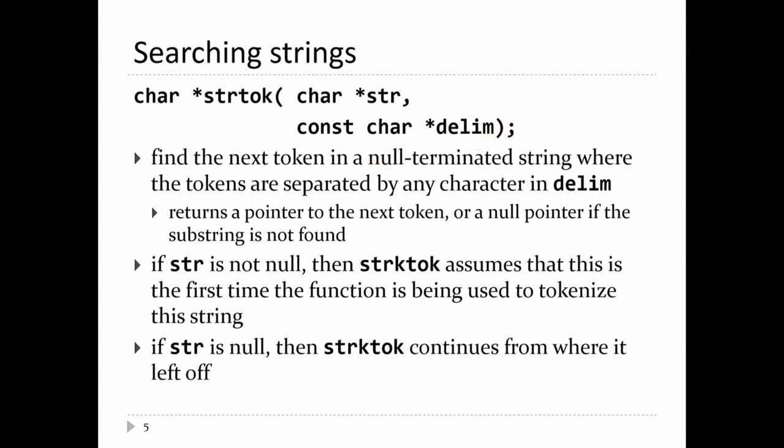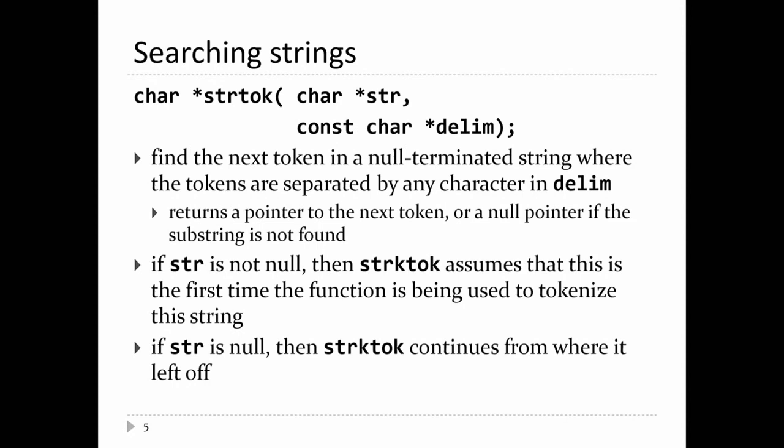You're going to pass in a string that contains the characters where you want to split the string. If you had a comma separated string, you just pass in the string that contains a comma. Any character that's in this string will be considered to be a delimiter. This one's a bit funny. It doesn't return an array of all the tokens.